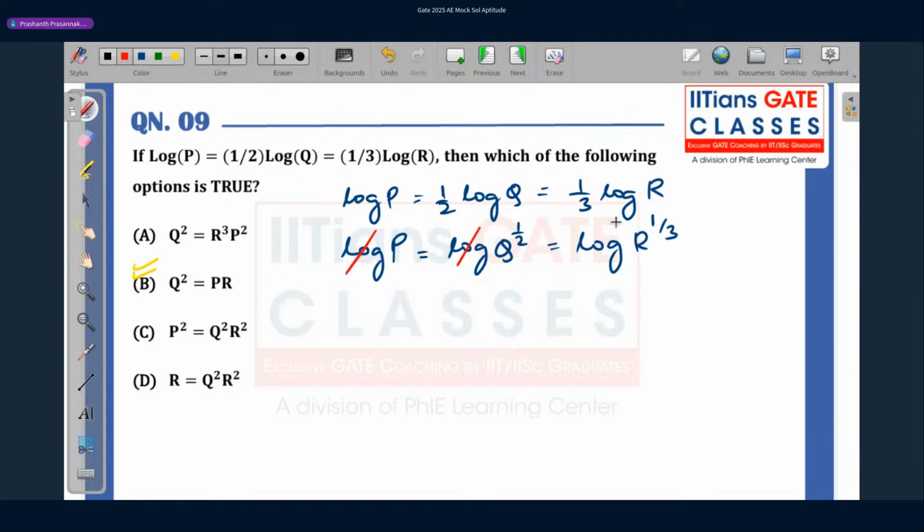I'll cancel log on all sides. Finally, I'm getting p is equal to q raised to half, which is equal to r raised to 1 by 3.